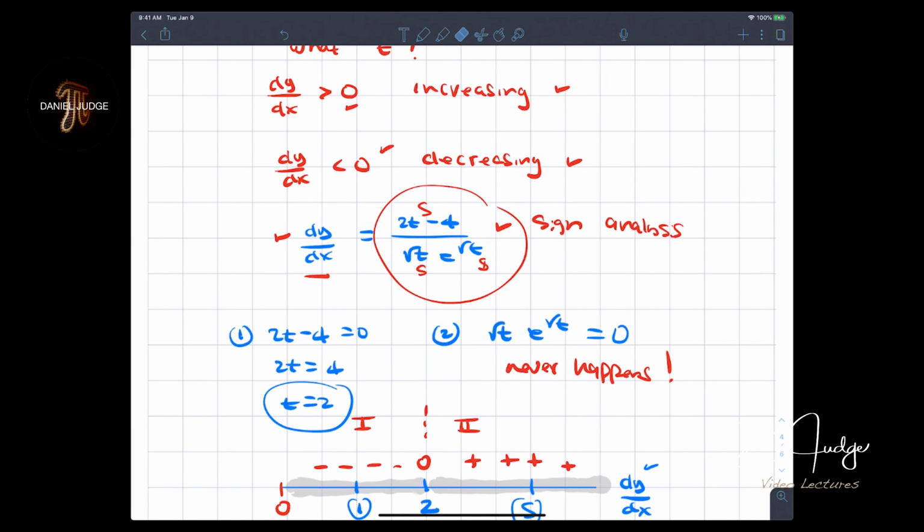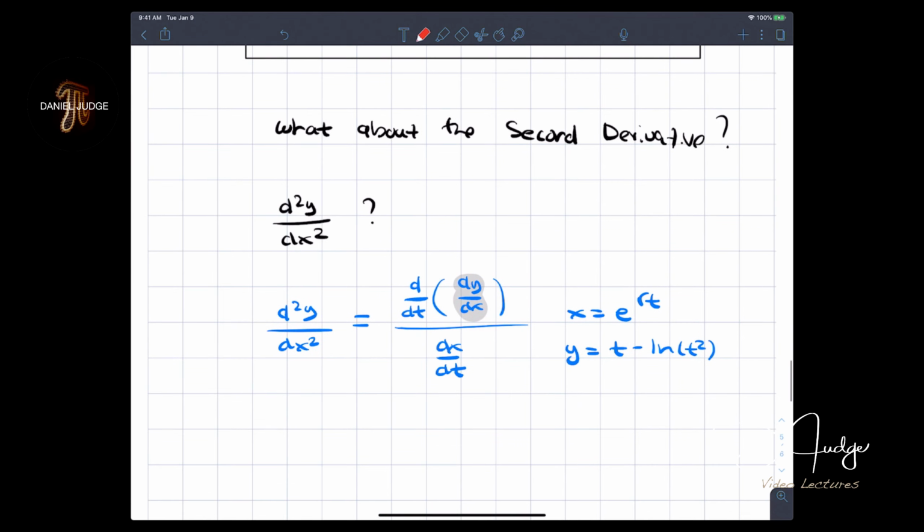Let's erase this so we can see what it was: 2t minus 4 over the square root of t e to the square root of t. Okay, so this goes here, and that would go in here.